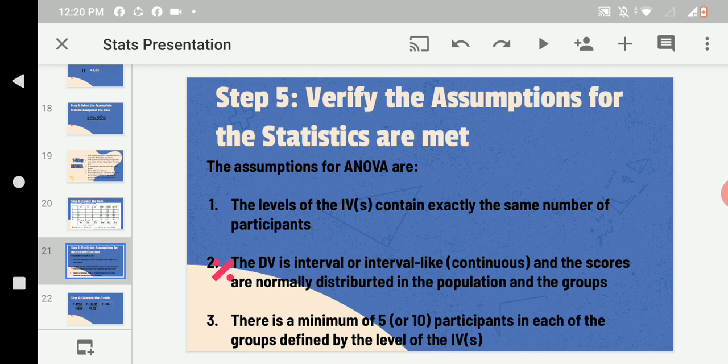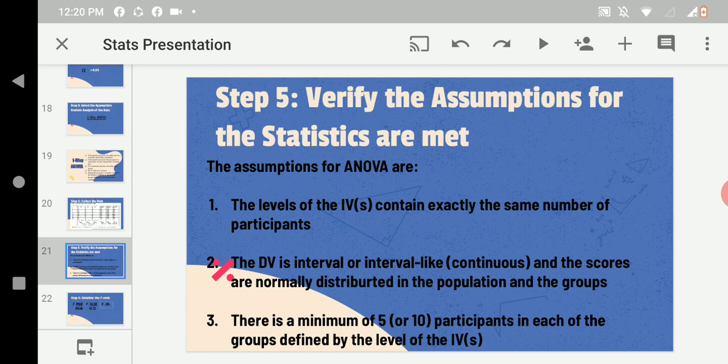Number 2, the DV is interval or interval-like continuous, and the scores are normally distributed in the population of the group. So the dependent variable should be interval or interval-like, and the scores should be normally distributed in the population of the groups.